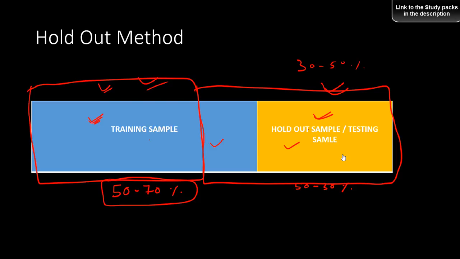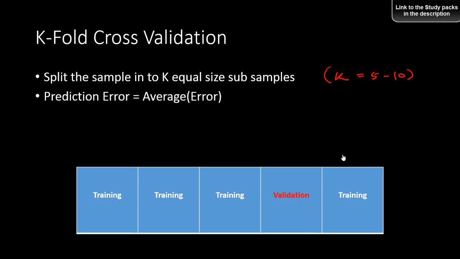So the thing that's lacking here is that it all depends on how you choose your training and holdout sample. For a given model, if you keep on changing the training and holdout sample from the same main sample, the performance could vary, and that's an issue. That issue can be eradicated by using what is known as k-fold cross validation.